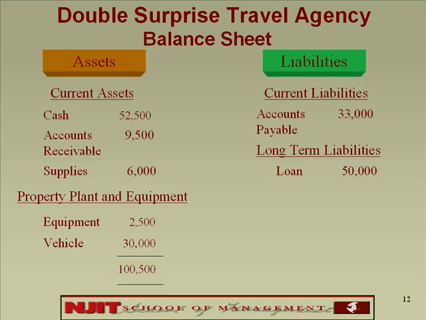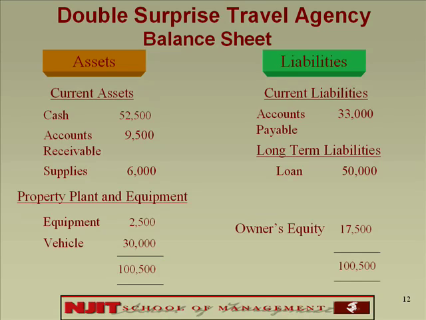A balance sheet has assets, liabilities, and owner's equity. We figured out owner's equity as 17.5. Total the right-hand side, which is the liabilities plus owner's equity. What do you get? The same. This means that you got everything down perfectly.